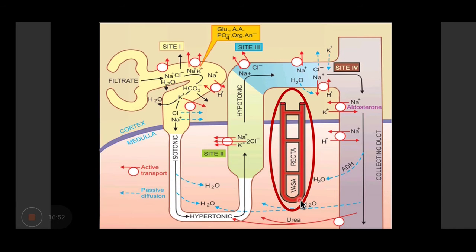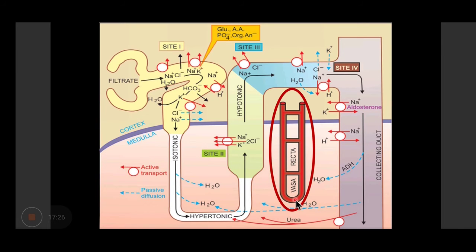So what is the use of having this less diameter in the medulla is that it prevents the washing away of the ions that have been collected here, which are responsible for the osmotic gradient. अगर ये diameter बड़ा होता तो यहाँ से बहुत सारे ions का wash out हो सकता था medulla से. So in order to maintain that corticomedullary osmotic gradient, the vasa recta has a smaller diameter in the medulla.